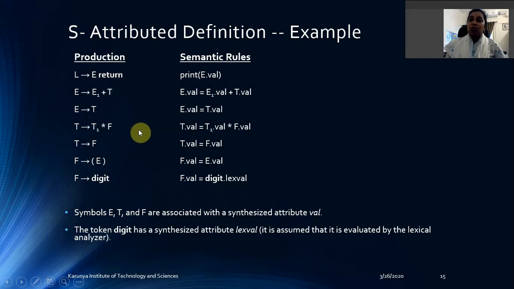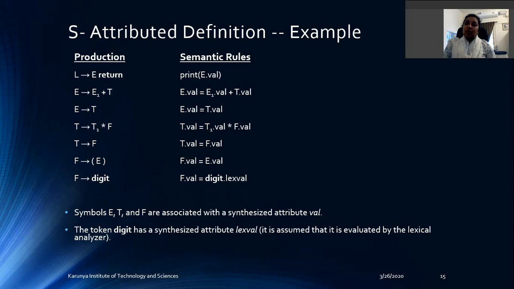Moving on, you have one more type called L-attributed definition. Now what is an L-attributed definition? Even if one of the attributes is an inherited attribute, all others can be synthesized. If one attribute is an inherited attribute, we call it an L-attributed definition. Now there is a difference between how we define S-attributed definition and L-attributed definition.